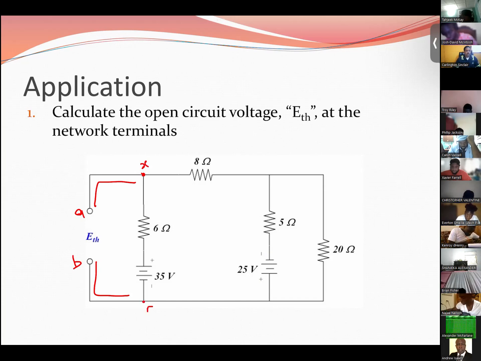So in other words, E Thevenin, based on what we're seeing here, would be equal to the voltage XR. So the open circuit voltage would be the voltage across this entire branch.